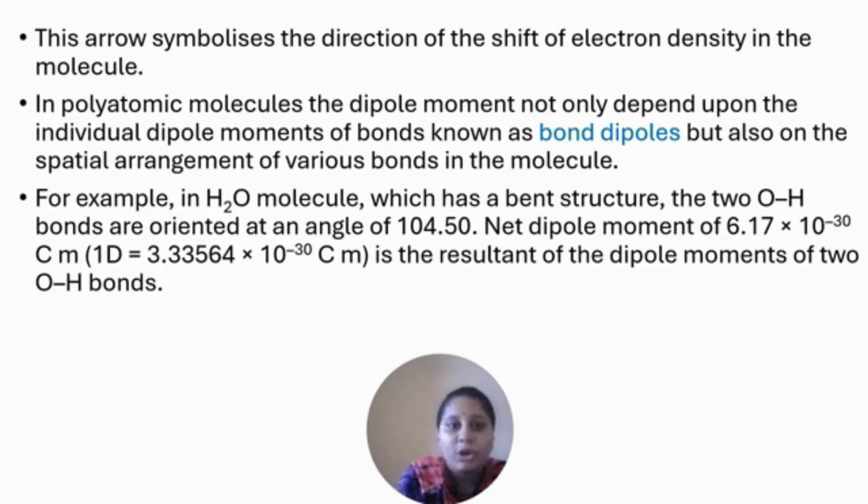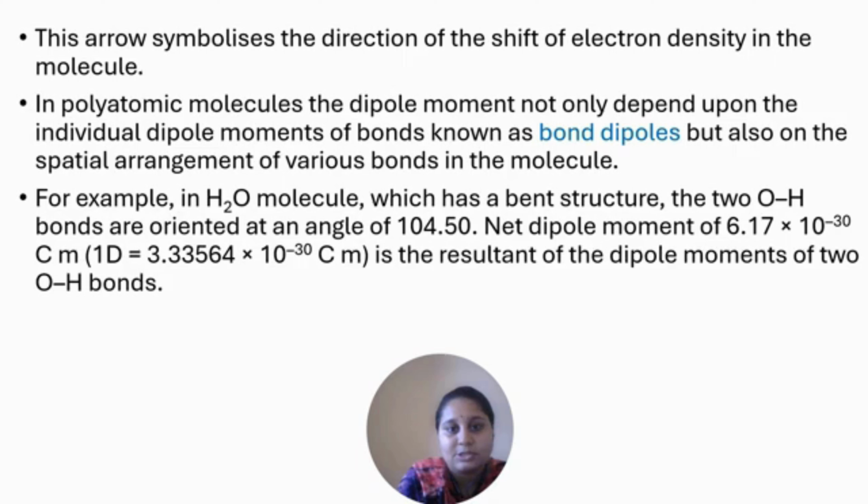In polyatomic molecules, the dipole moment does not depend only upon the individual dipole moments of bonds, known as bond dipoles, but also on the spatial arrangement of the various bonds in the molecule. For example, the H2O molecule has a bent structure and the two OH bonds are oriented at an angle of 104.5 degrees, and the resultant dipole moment of the two OH bonds is seen.